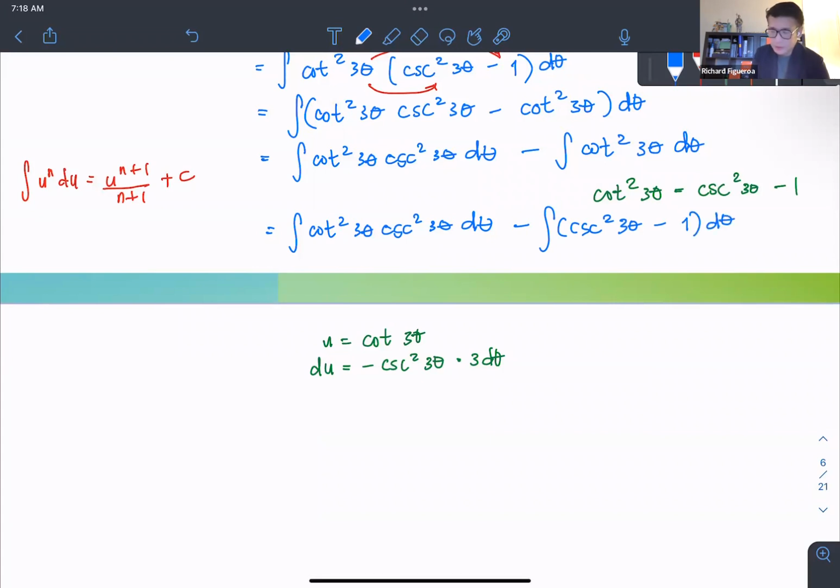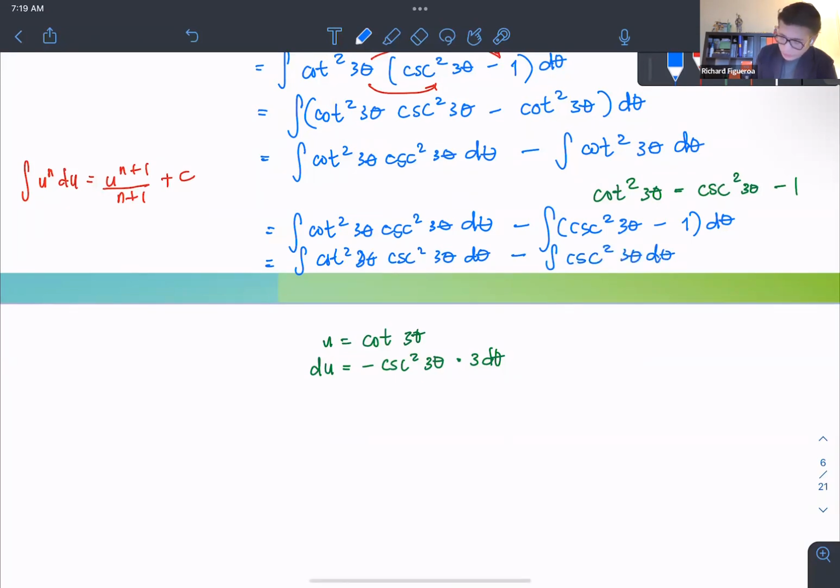Okay. So cosecant squared 3 theta minus 1 d theta. And then, so this should be the same as the integral of cotangent squared 3 theta cosecant squared 3 theta d theta, then minus the integral of cosecant squared 3 theta d theta, then negative and negative 1, that would be positive, the integral of d theta.